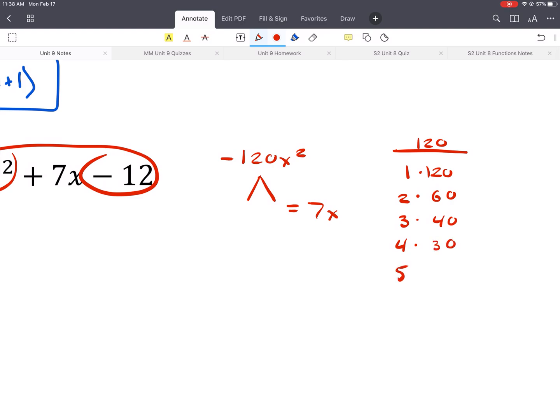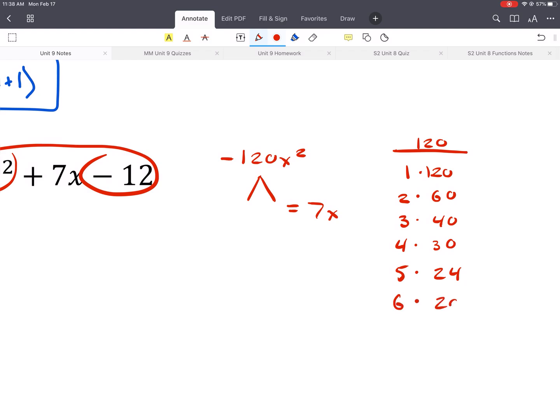Okay, 5. How many times does 5 go in there? I think it's 24. Okay, maybe I should check. So 120 divided by 5. Yep, 24. Okay, I could try 6. Does 6 go in?